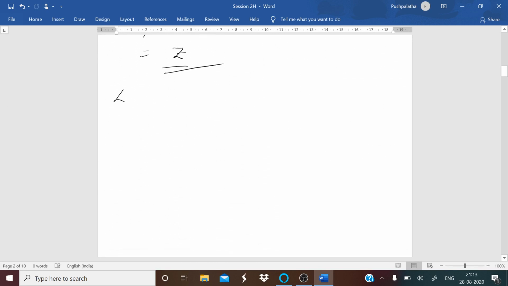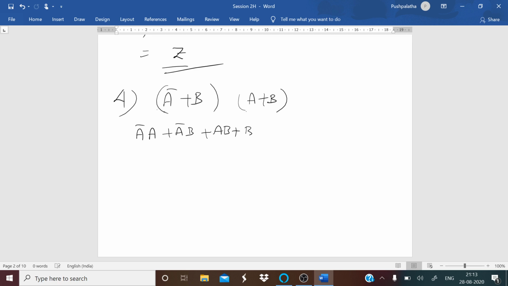In the same way, let us go for the next sum: a bar plus b into a plus b. Remove the brackets and simplify. So multiplication: a bar into a, plus a bar into b, plus a into b, plus b into b.